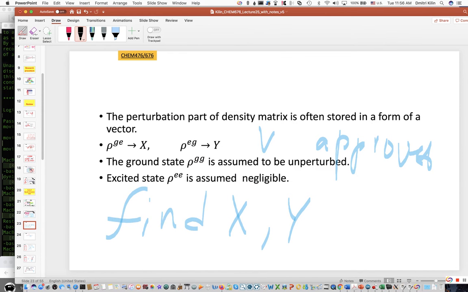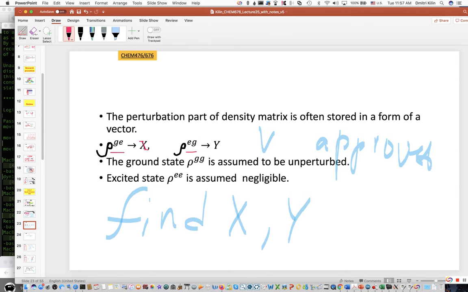Now, a little bit more of nomenclature and notations. This notation of density rho superscript GE and rho EG is informative, useful, and helpful. But if we are going to derive a new theory and refer to these objects again and again, three symbols are probably an alarm clock to finish the lecture. So these symbols are too long for using in each line.